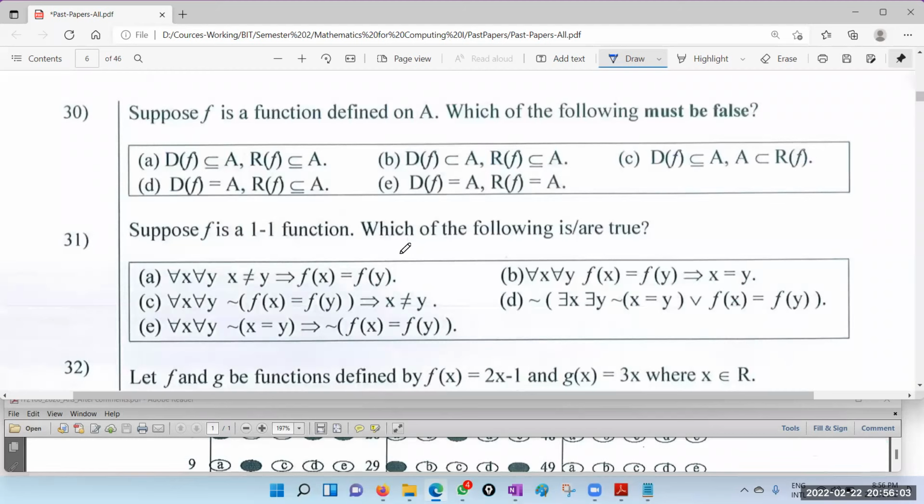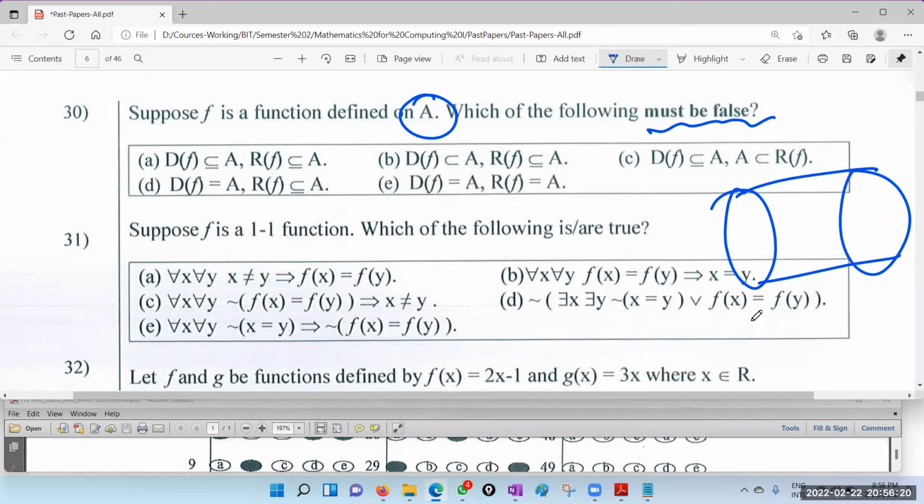Suppose f is a function defined on A. Which of the following must be false? Must be false. f is a function defined on A, so that means A is mapped to something. Say A is my domain, mapped to something, and it's a function.